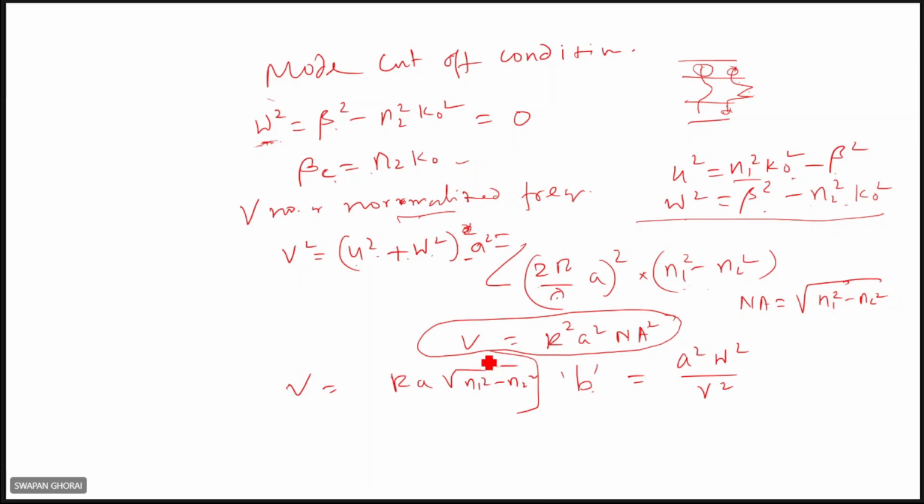From this V number and numerical aperture, we can design a single mode fiber. I'm coming to that point. Before that, this V number parameter is related to the cutoff conditions. So a normalized constant is defined here, B, called the normalized propagation constant.